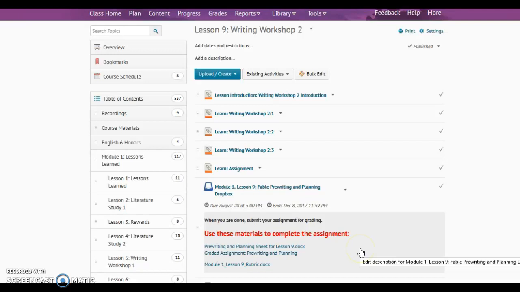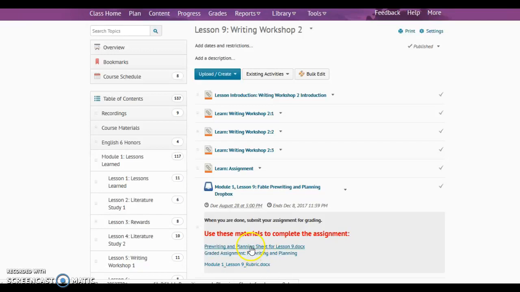Sometimes I'll put a document there to help you, and you always have a rubric. The rubrics are kind of confusing to read because it's a big chart, but that is exactly how I grade your assignments. So if you're ever wondering what I'm requiring of you, look at the rubric, because that is what I use to find people's grades.